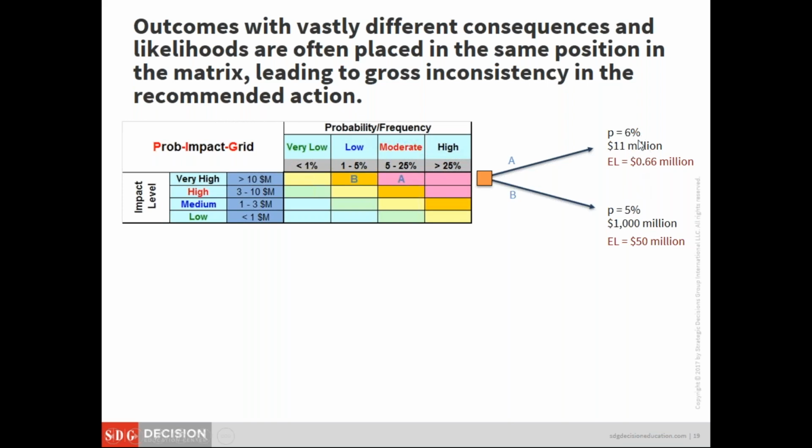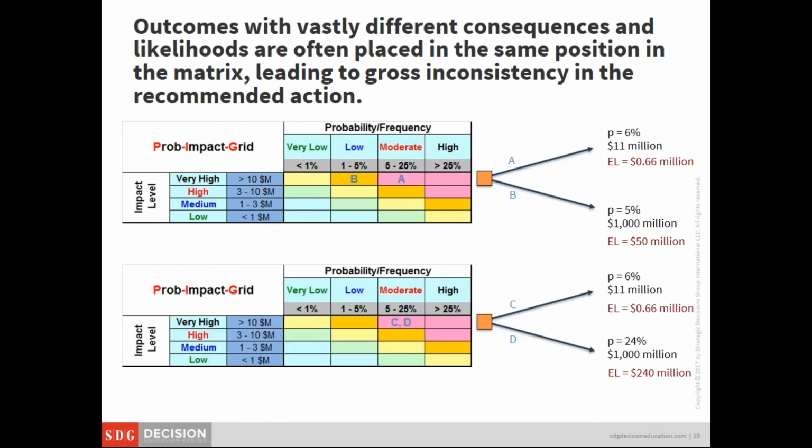And if you multiplied these probabilities times the dollar amounts to get an expected loss, you'd get that the expected loss of B is much higher. But the risk matrix would suggest that you should focus on A. You could have risks that are within the same box but are grossly different. So we have a 6% chance of $11 million loss or a 24% chance of $1 billion loss.